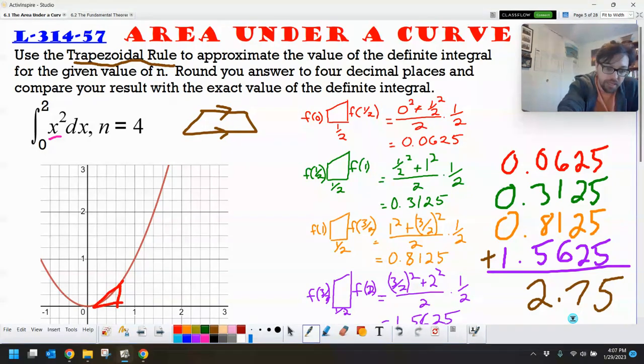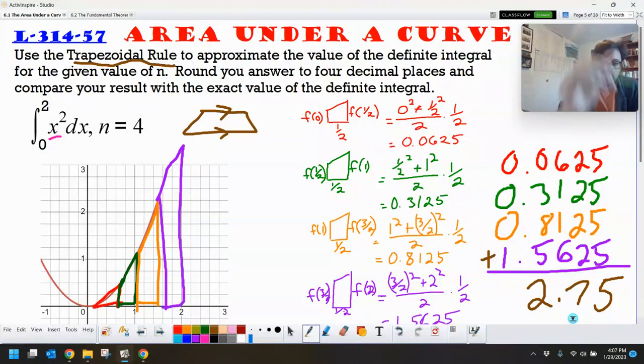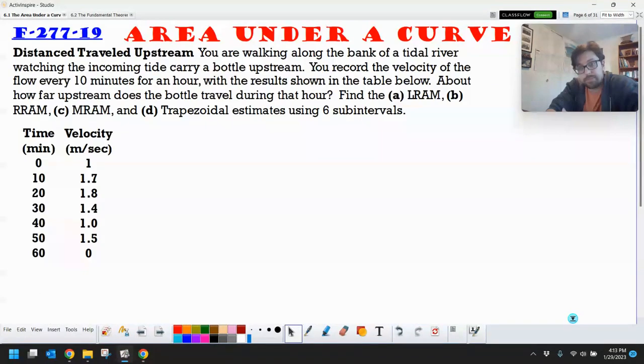So we could break this shape up into trapezoids in order to get another estimate for the area underneath this curve. Trapezoids are considered the fastest method to get to a really accurate area underneath a curve.